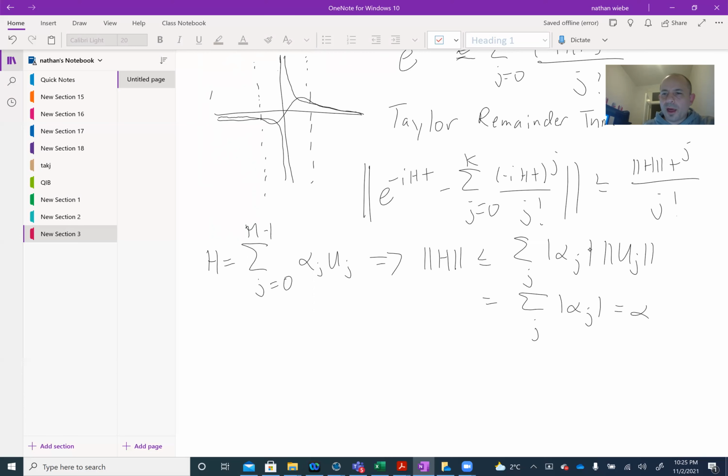So therefore, and I should put a bracket here, this whole thing is less than or equal to (alpha t) to the j divided by j factorial. So that is our remainder that we end up having in our sum.